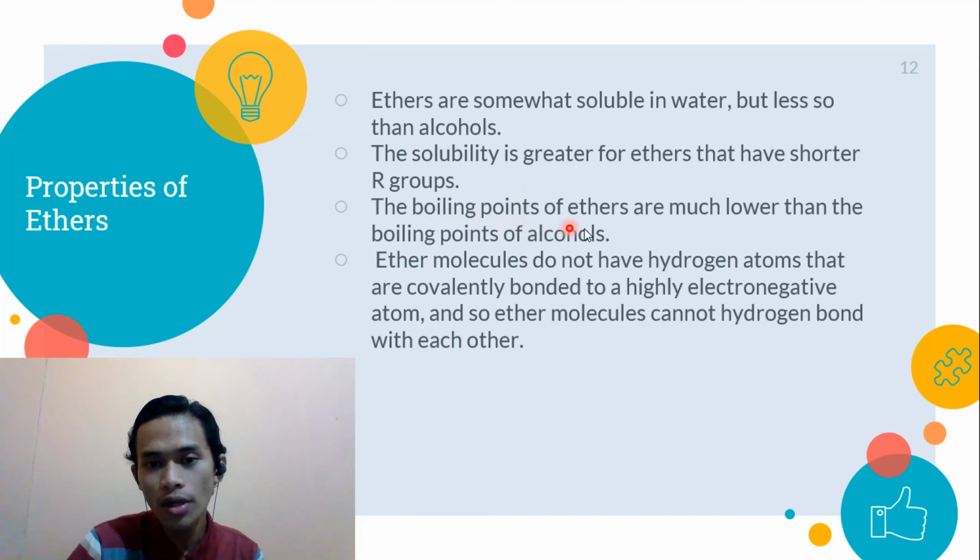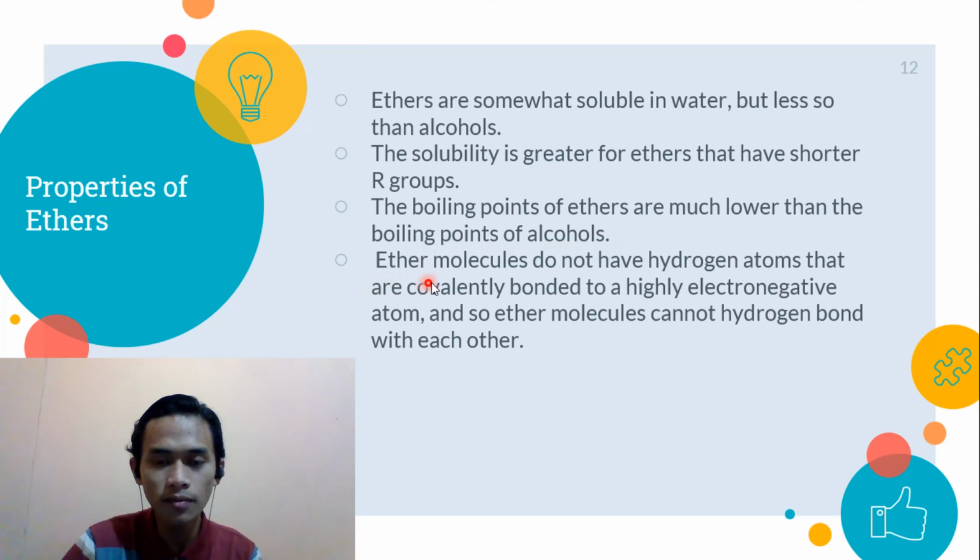The boiling points of ethers are much lower than the boiling points of alcohols. It is because in ethers there is no hydrogen bonding, but in alcohols there is hydrogen bonding. So it makes ethers have much lower boiling points than alcohols.